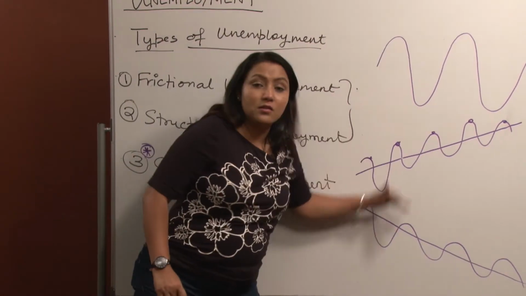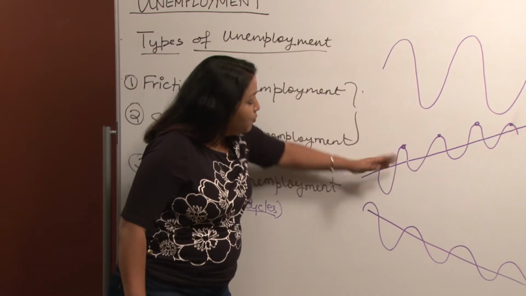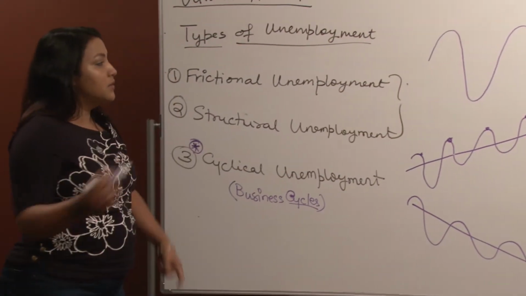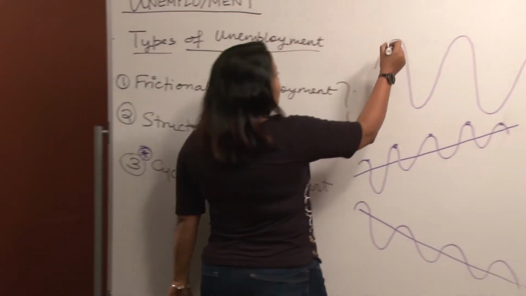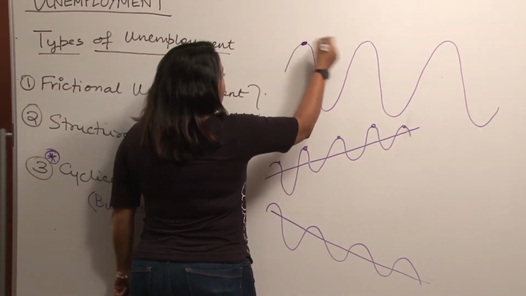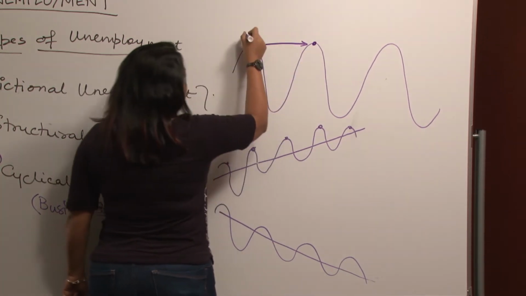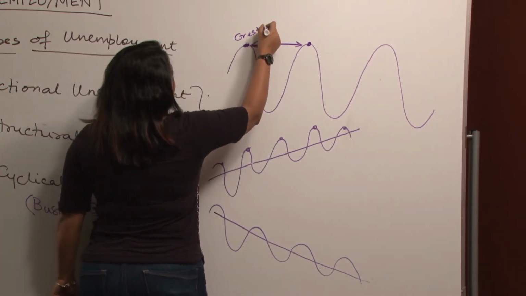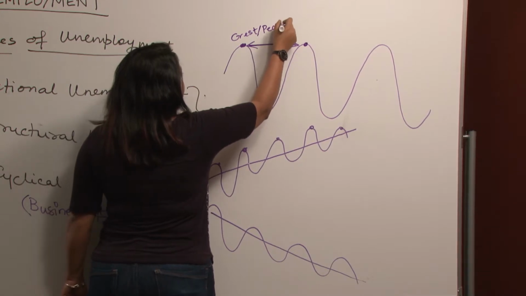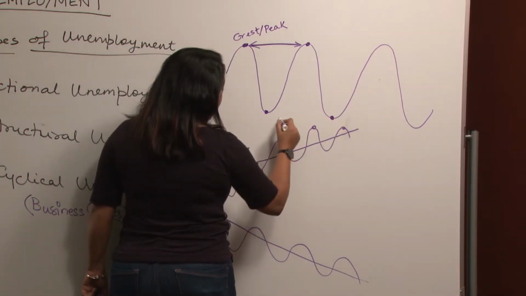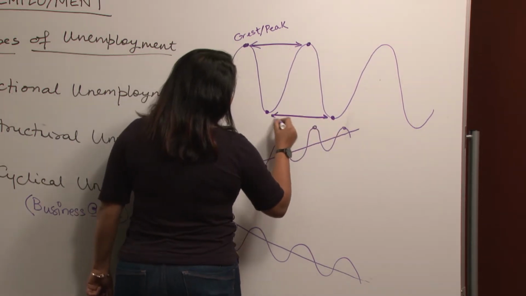This trend is not the business cycle. That upward and downward movement of the economy over time is the business cycle. So, when you move from one crest to another crest, that is one business cycle, a crest or a peak. When you move from one trough to another trough, that is also a cycle.